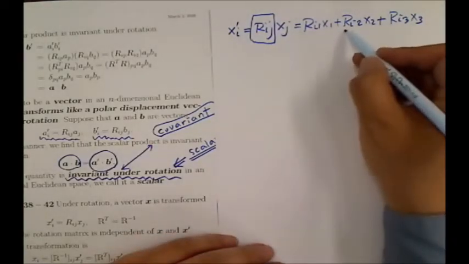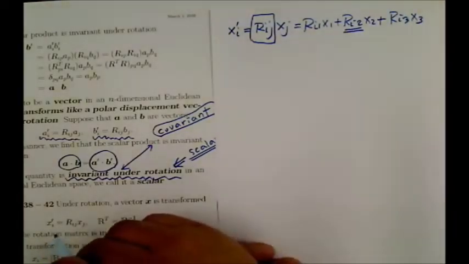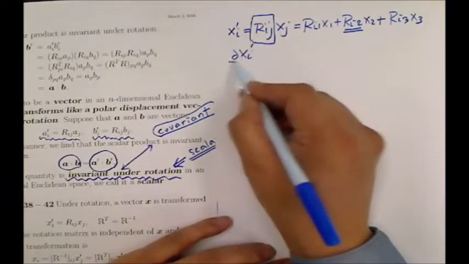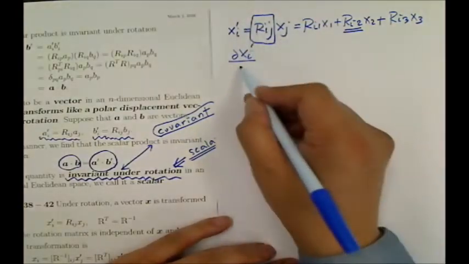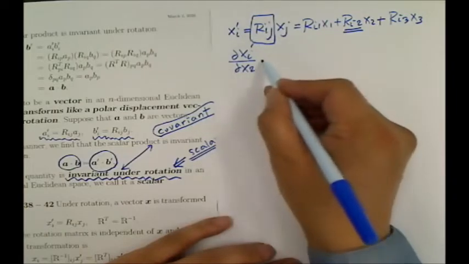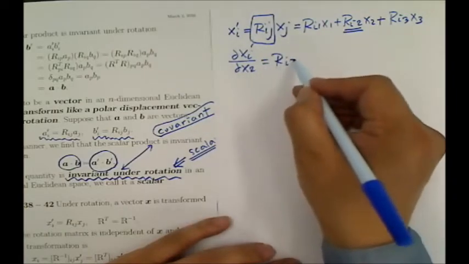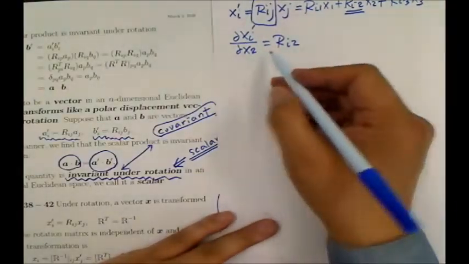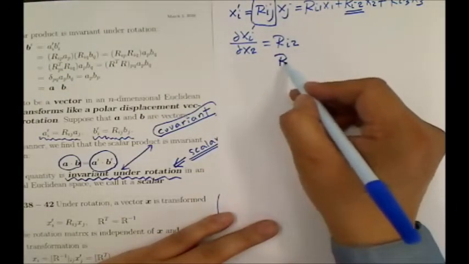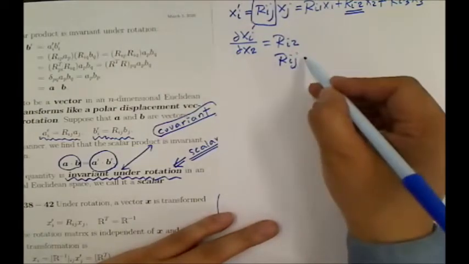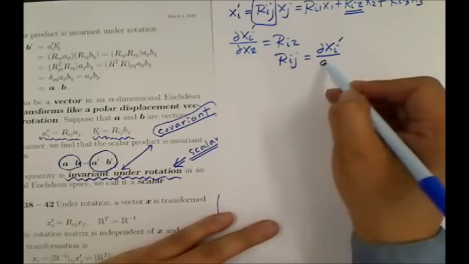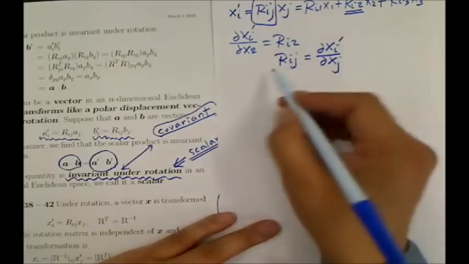If I want to know this number, I just take the partial derivative of xi prime with respect to x2. Then I would get Ri2. In a similar manner, every element of Rij can be obtained by taking the derivative of xi prime with respect to xj.